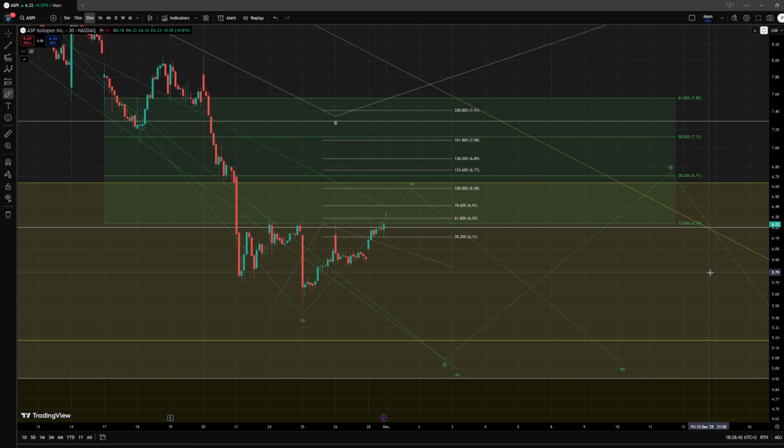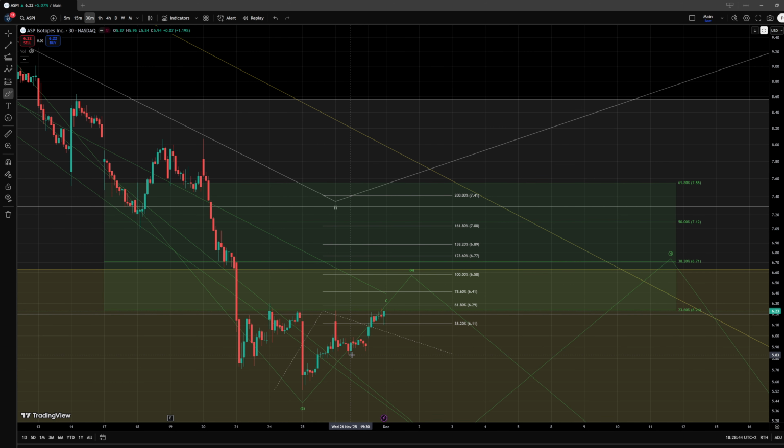We can even look here in the very short time frame, where in the wave C, I could argue that we have a 1, 2, a third wave that could still be ongoing, and then we could be looking for a fourth and a fifth to complete this larger structure in the wave C, the ABC pattern. In this case, we might not even get to the 100% extension, unless this third wave manages to extend even higher.